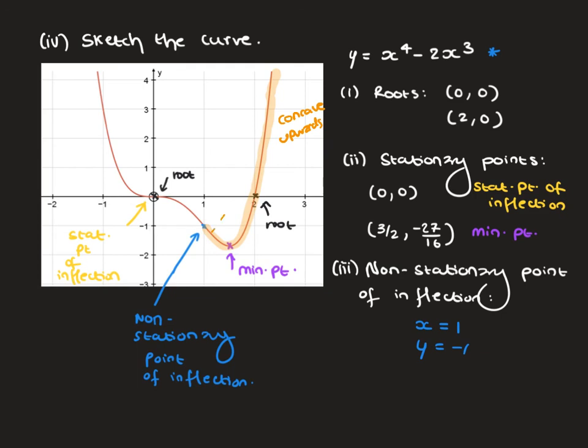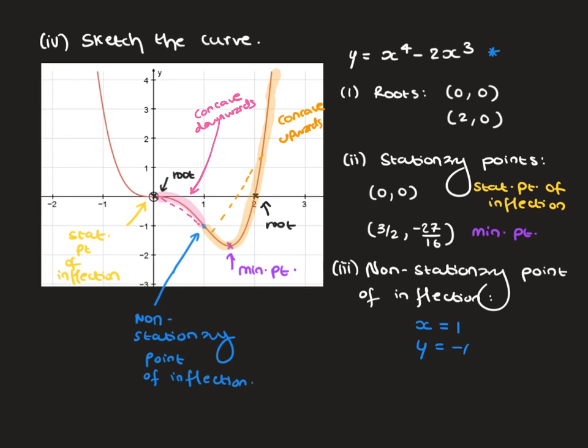If you want to, you could draw in a dotted line to see the curve fall underneath the line, and the curve in this section here is concave downwards. You can see that there.